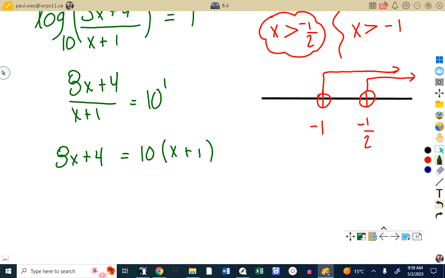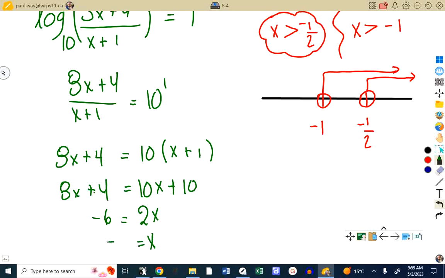We can expand that out and get 8x plus 4 equals 10x plus 10. And now we're in a junior high-ish kind of math problem. Subtracting 8x from both sides is 2x. Subtracting 10 from both sides is negative 6, which means 2x equals negative 6. I divide both sides by 2, and I get x equals negative 3.